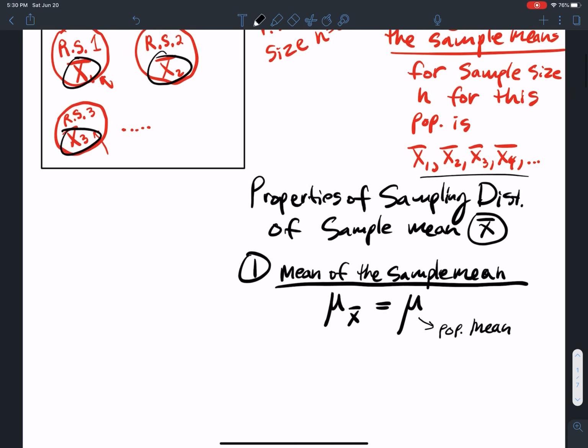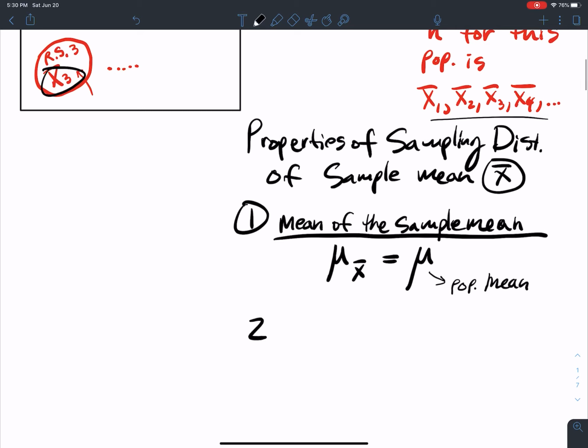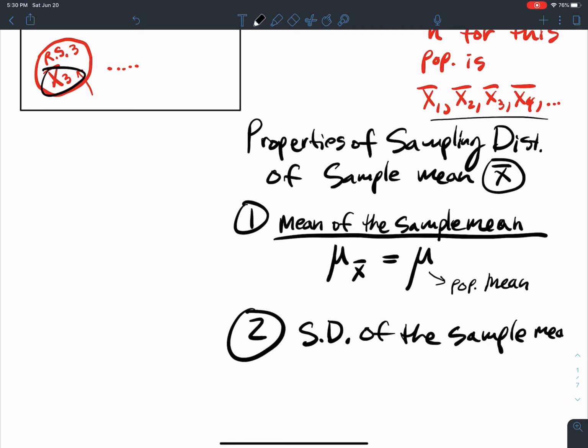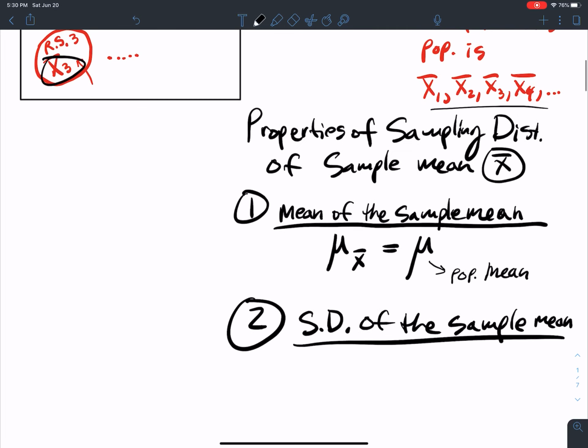Interesting property, very powerful. Number 2, the standard deviation of the sample mean. So how these sample means vary, the standard deviation of the sample mean is equal to the population standard deviation divided by the square root of the sample size.